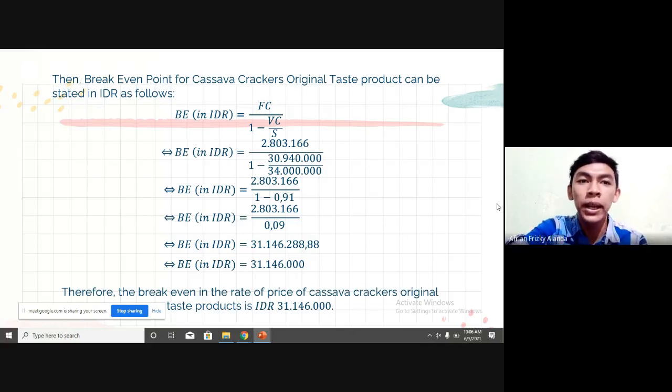Therefore, the break-even in the rate of price of cassava crackers original taste product is 31,146,000 rupiah.